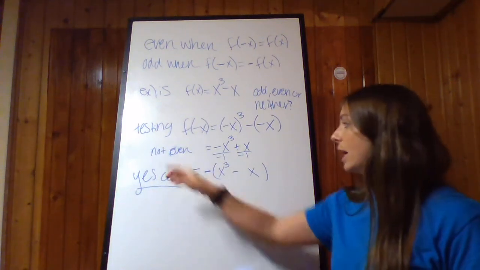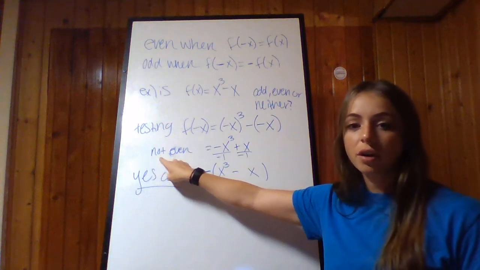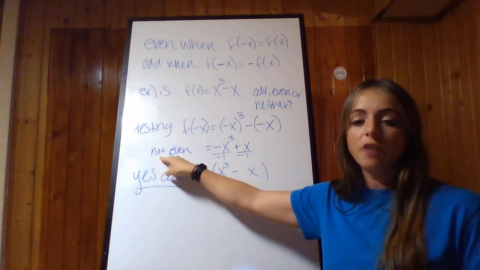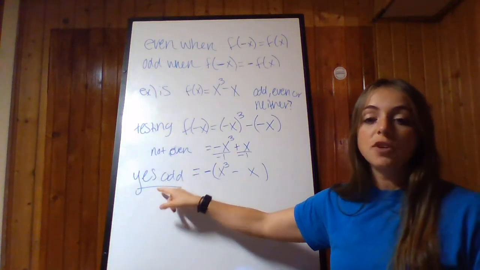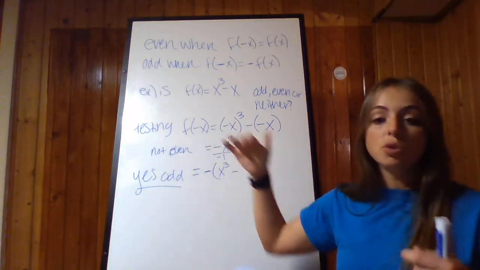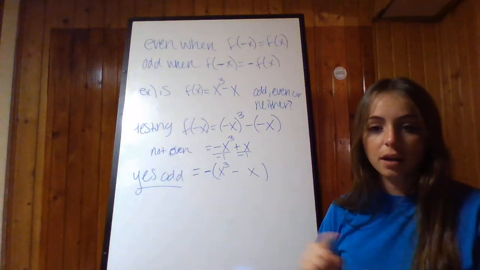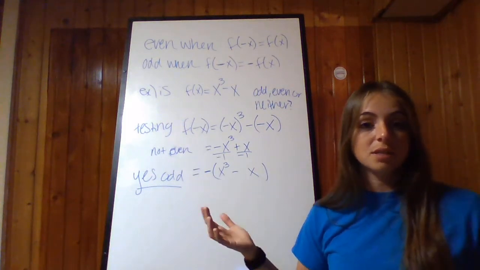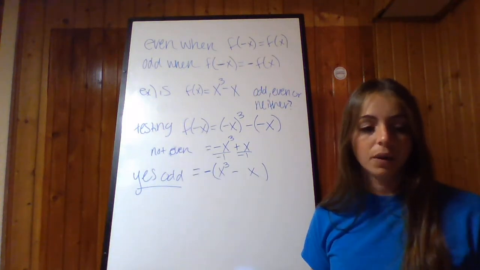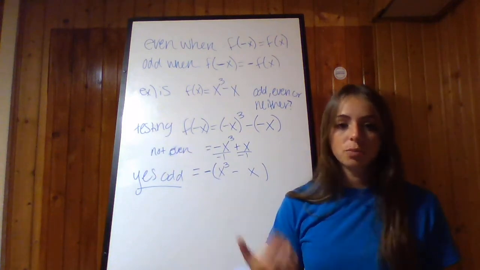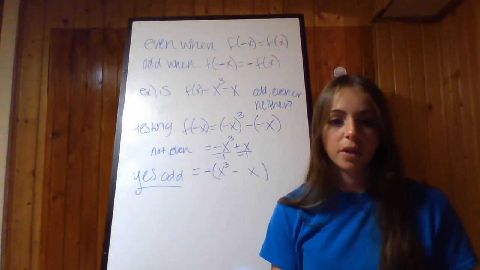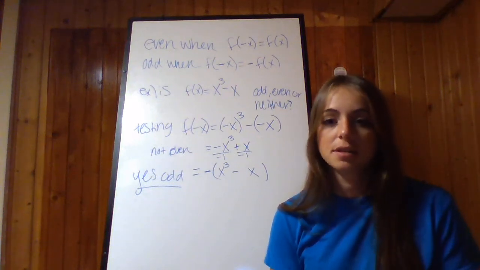So if you get a yes at even, you're done. If you get a no, you keep going on to check to see if it's odd. If you still get a no, you just say, okay, it wasn't odd, it wasn't even, so that obviously means my last option is neither. Okay, again, if you need more examples of this, I can do more in class. I don't want to keep this video going any longer than it already has.